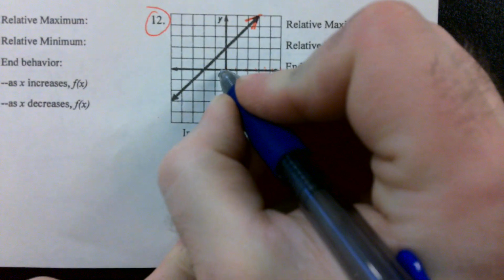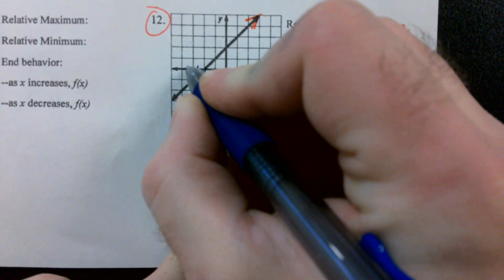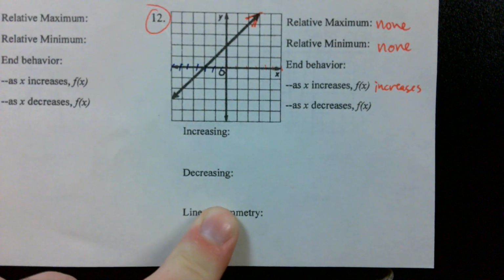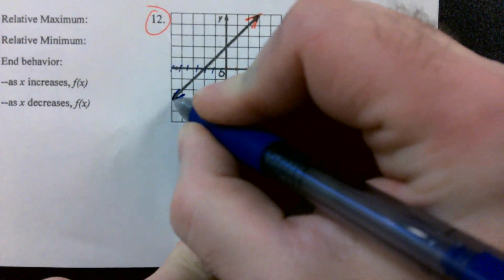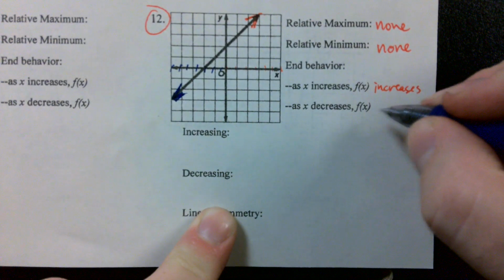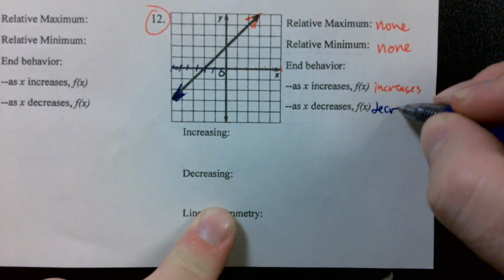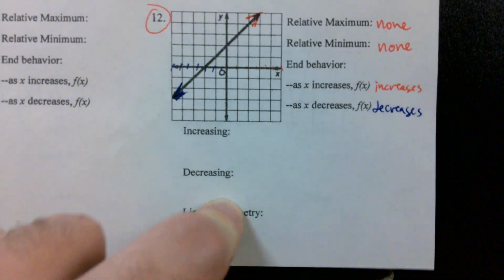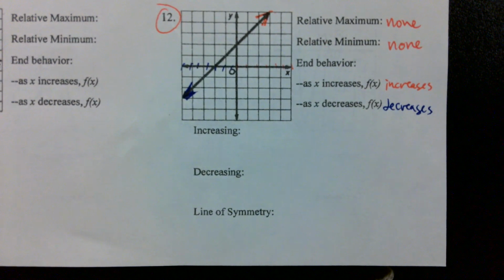But as x decreases, if we go to the left, to the left, to the left, what direction is that arrow pointing? Down. So as x decreases, my function decreases as well. So that's just the end behavior.